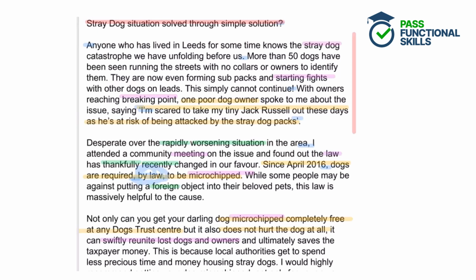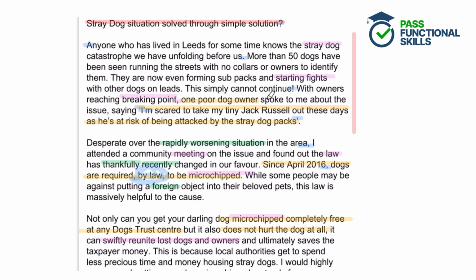As well as making sure that paragraphs link together cohesively, the answer uses a range of punctuation and connective words to link ideas together. So we've got commas that add on information throughout the answer. So for example, we've got with owners reaching breaking point, and then we've got a comma to add a new idea to that sentence.